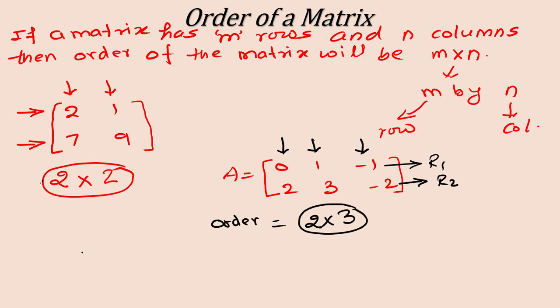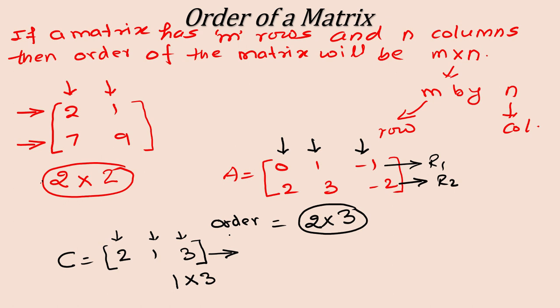Okay, now similarly if we consider another matrix, C is equal to say 2, 1, 3. Now how many rows do we see here? We see only one row. Yes, and how many columns do we see here? 1, 2, 3 columns. So its order will be 1 by 3.